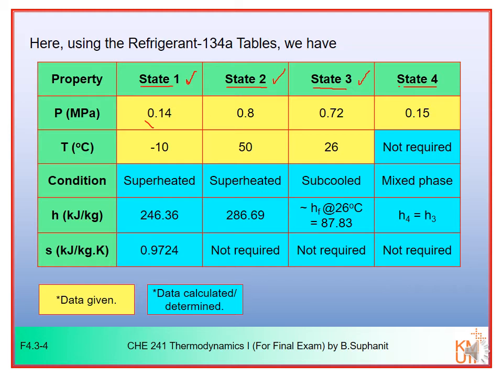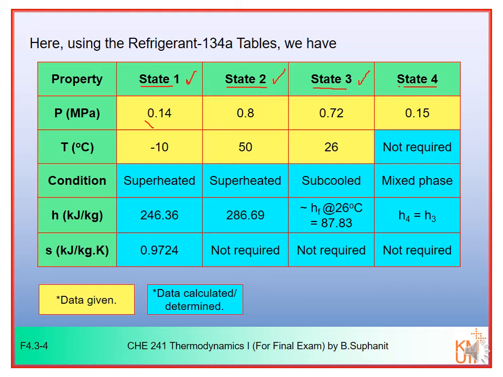For example, at state 1, you can check from the pressure and temperature values, and you find out that it's a superheated vapor. So you can go to the superheated table of R134A, and you get the enthalpy of 246.36 and entropy of 0.9724.